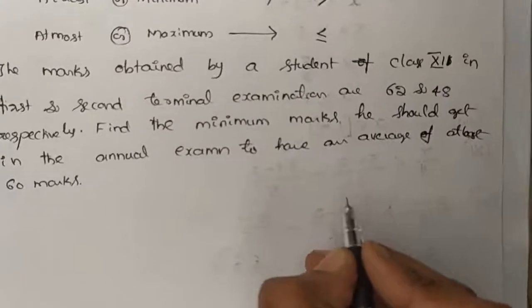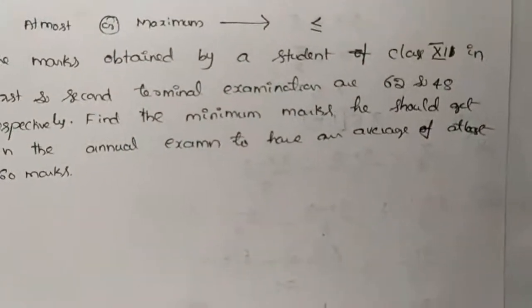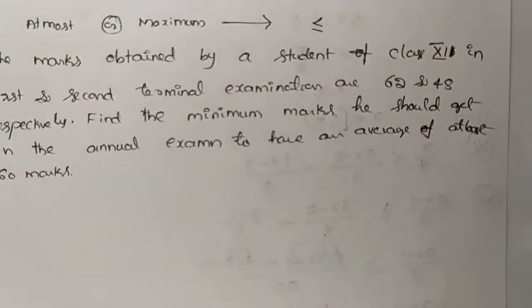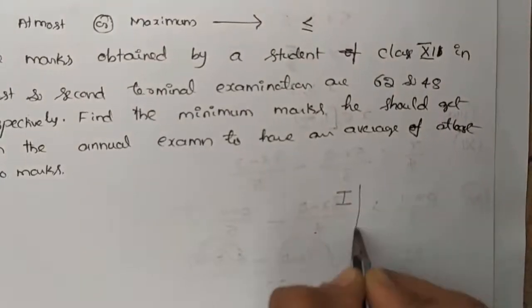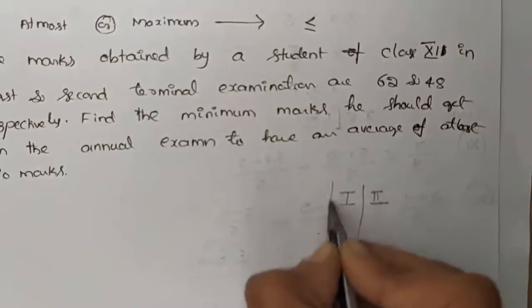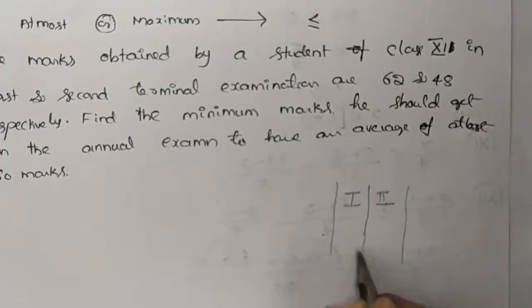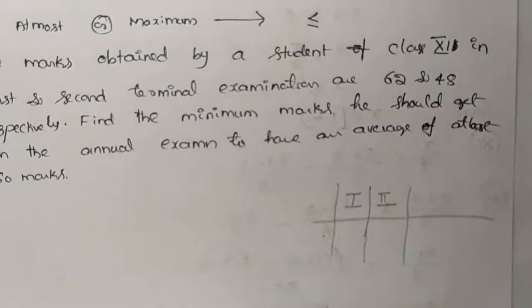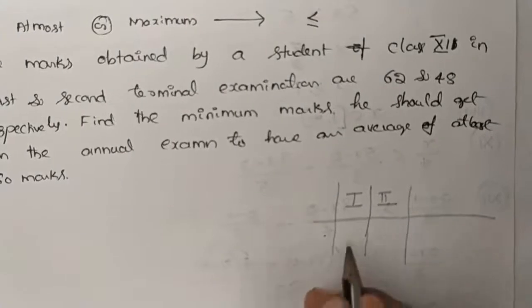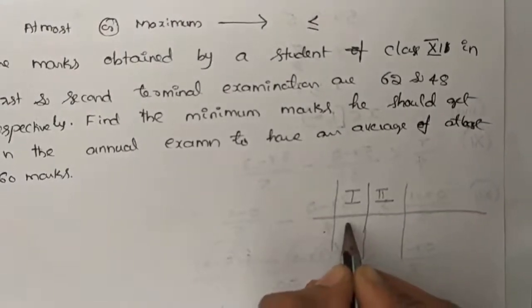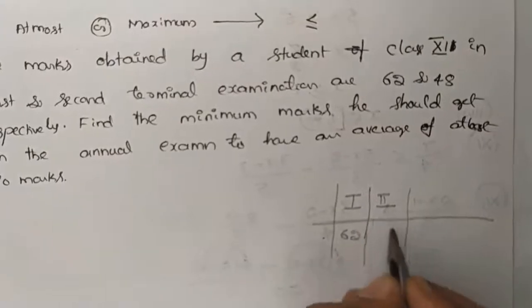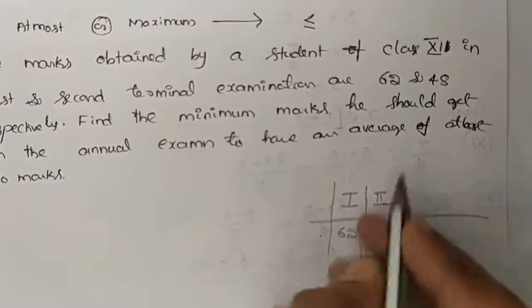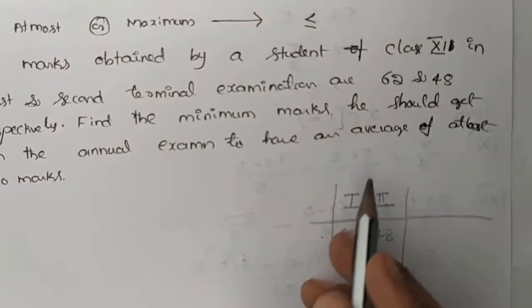Imagine one student. He has first and second terminal examinations. He scored 62 in the first terminal examination and 48 in the second.